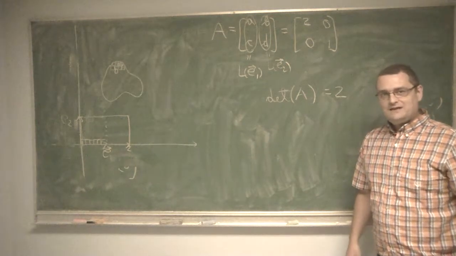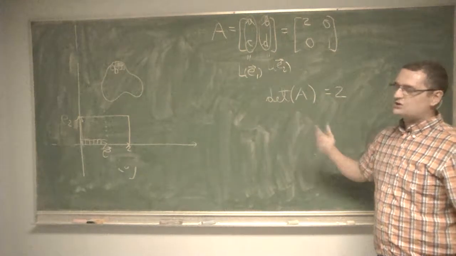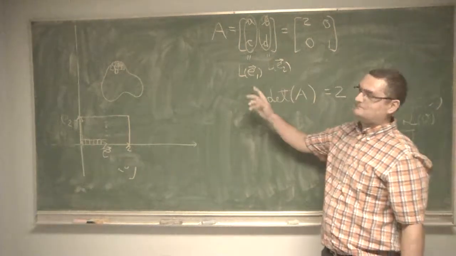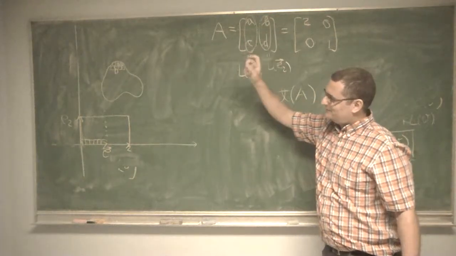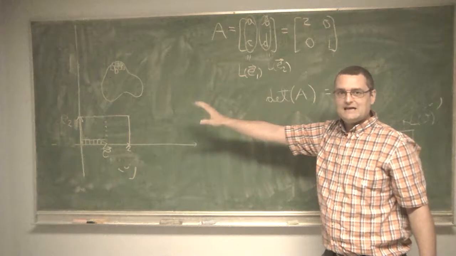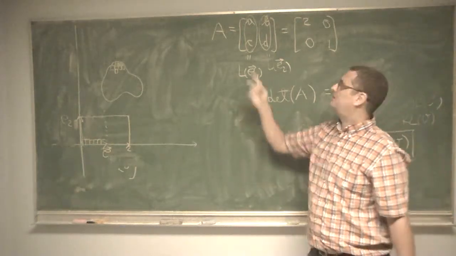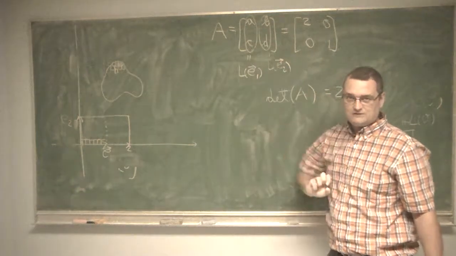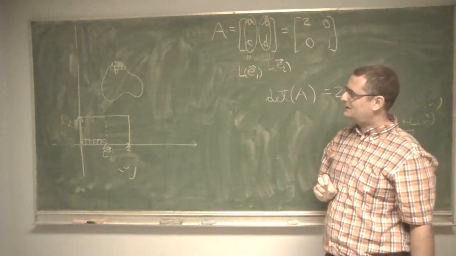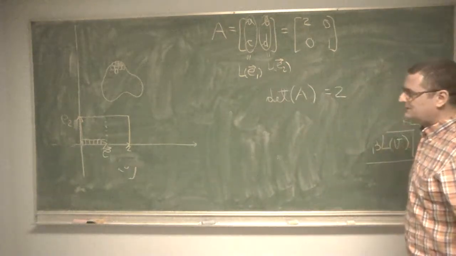How can you, in general, see what is the measure of deformation? Well, how can you, in general, see that every area gets deformed by a factor, in this case 2, and in general by a factor AD minus BC, and that's the reason why we define determinant in that way. So how do you see that it gets deformed in this way?